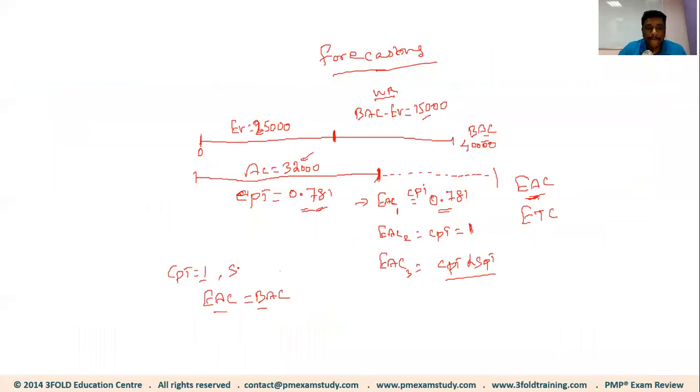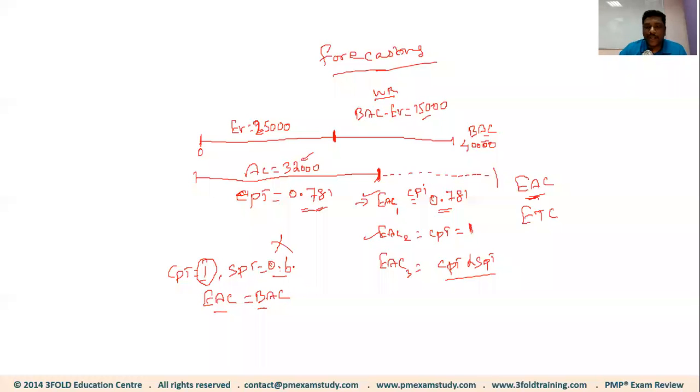But for the same project, the SPI is 0.6, as an example. What does that mean? That means this project is awfully behind the schedule, but however, they're maintaining the cost performance. Now, using the first and second assumptions, the EAC will be equivalent to BAC, because we are considering only CPI in the formula. We are not considering the SPI.